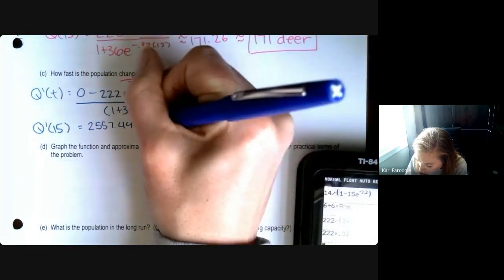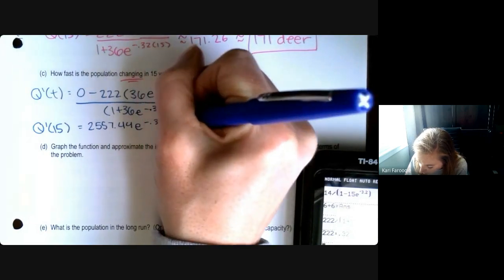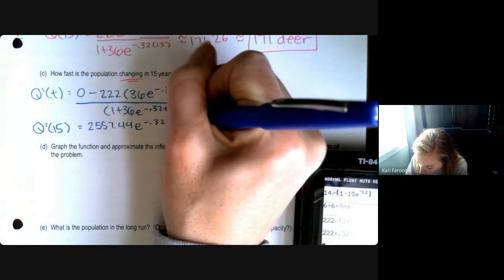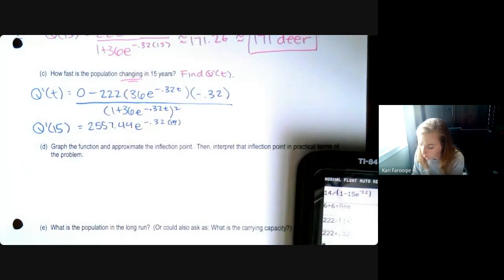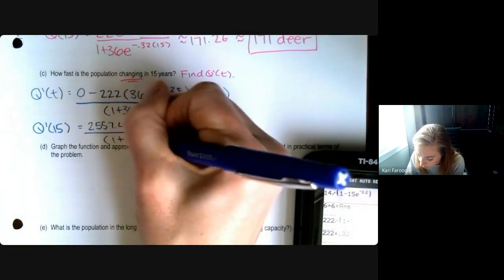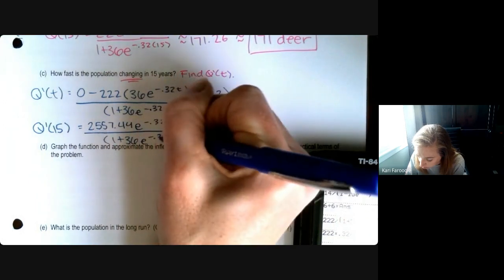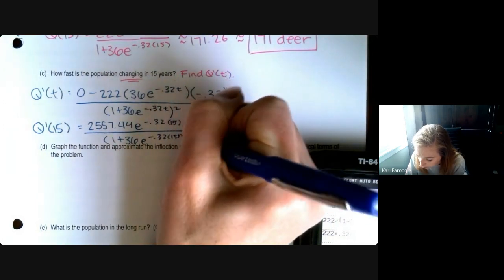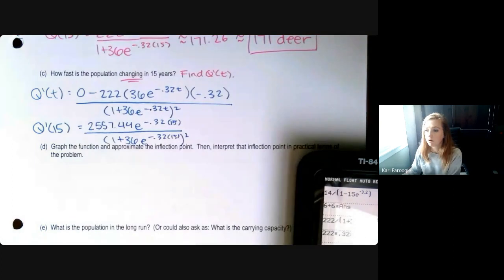And then that would be e to the negative 0.32, and we're going to substitute 15 here for t, divided by 1 plus 36 e to the negative 0.32 times 15, quantity squared.